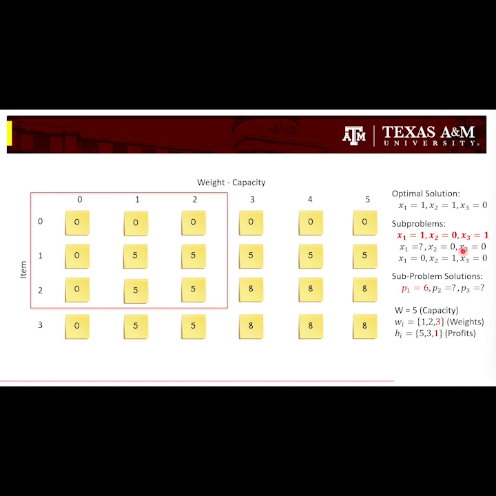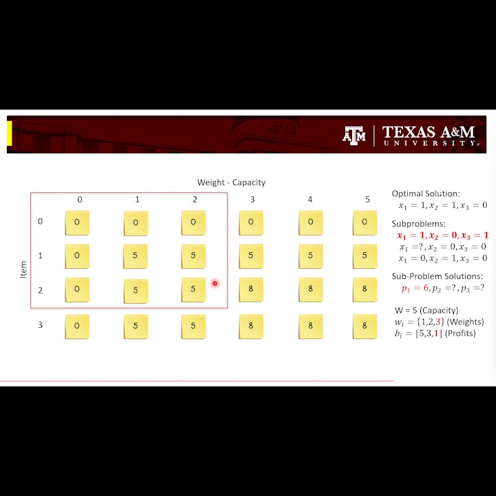So to solve the first subproblem, we know that x3 has to be in the solution. So that corresponds to a weight of 3, which means we restrict our table by subtracting off a weight of 3. So now our weight capacity is only up to 2.